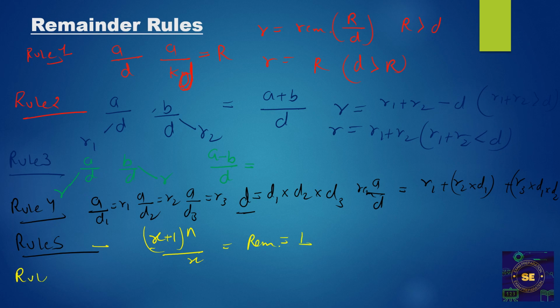And what about rule number 6? Rule number 6 says if x minus 1 to the power n is divided by x, it will give a remainder 1 when n is an even natural number, and it will give x minus 1 as remainder when n is an odd natural number.